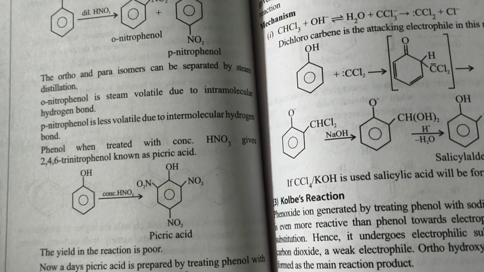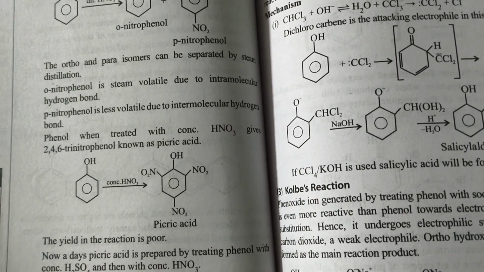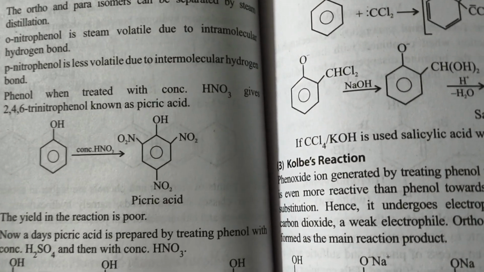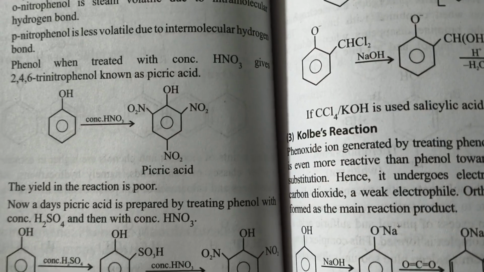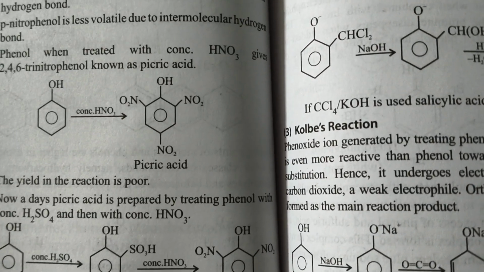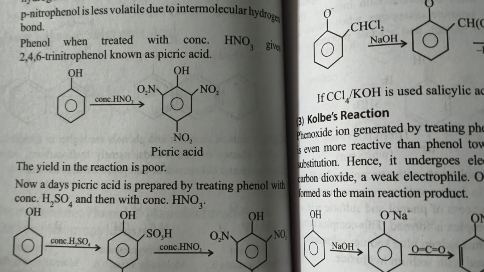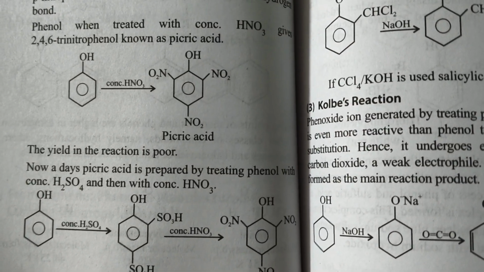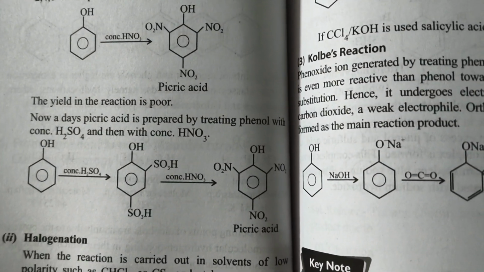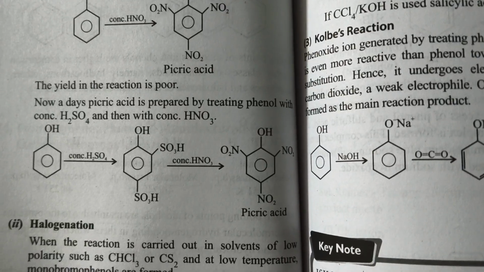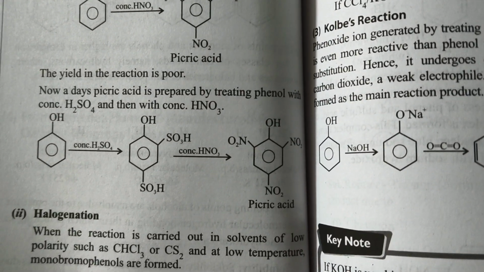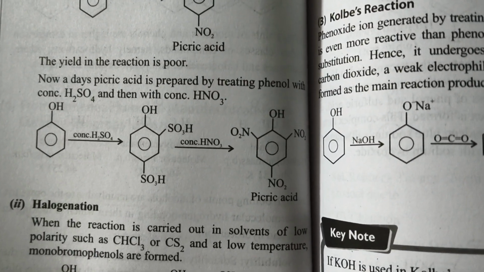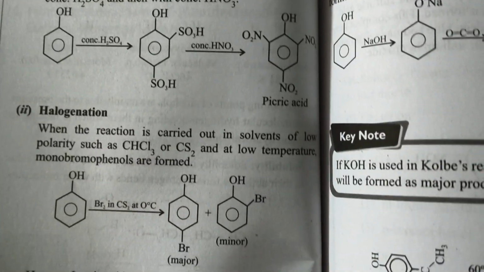Para-nitrophenol is less volatile due to intermolecular hydrogen bond. Phenol, when treated with concentrated HNO3, gives 2,4,6-trinitrophenol, known as picric acid. The yield in this reaction is poor. Nowadays, picric acid is prepared by treating phenol with concentrated H2SO4 and then concentrated HNO3.